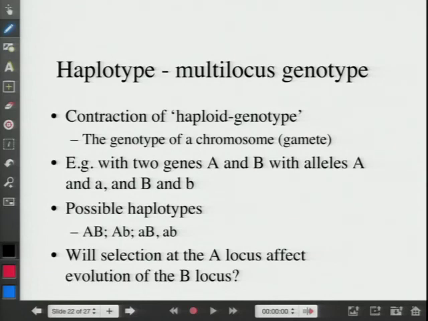They're combinations in haploid gametes, and that lets you figure out from these haplotype frequencies if selection at one locus, say the A locus, will affect allele frequency at the other locus.